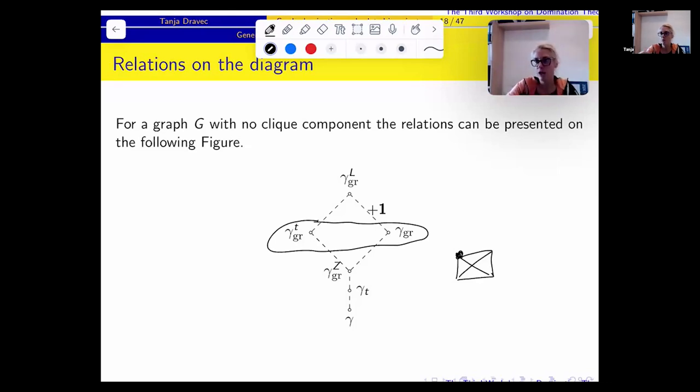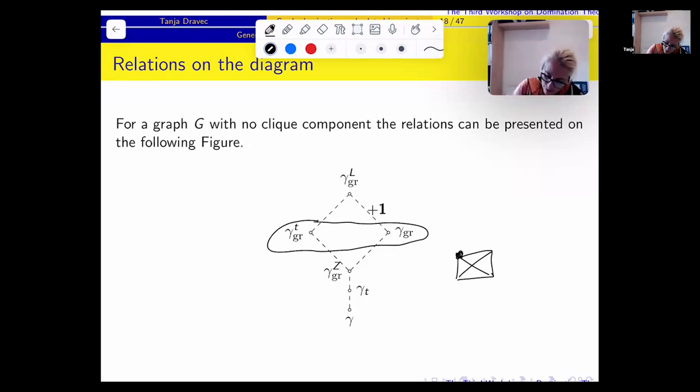Before, we had one example where Grundy domination number was 4 and the Grundy total domination number was 6. So there is an example where Grundy total domination number was more than Grundy domination number, but we can also easily find examples where Grundy domination number is larger.